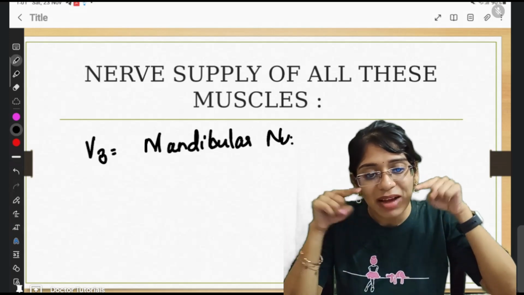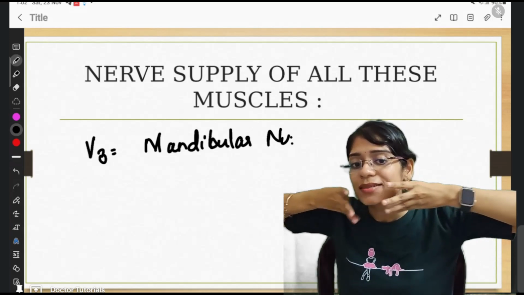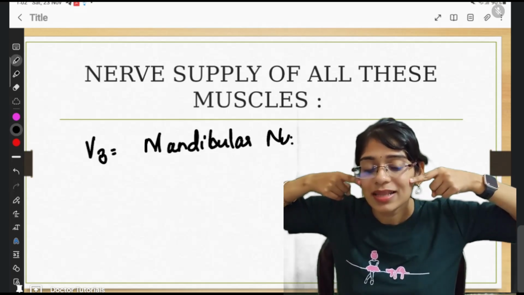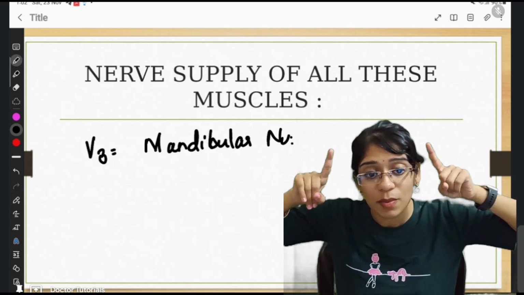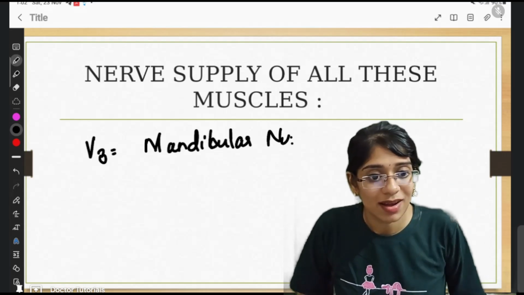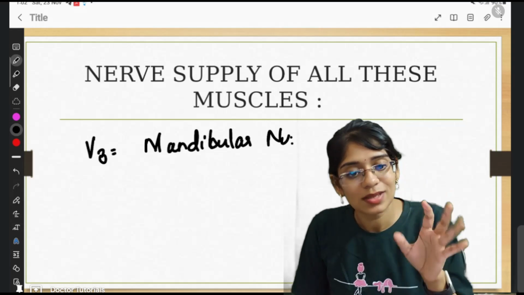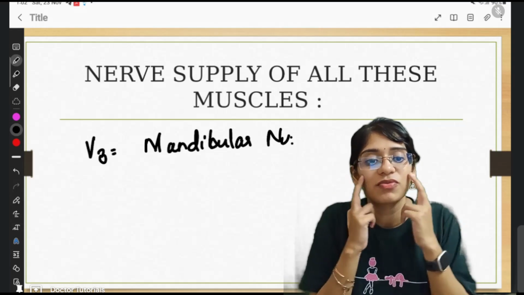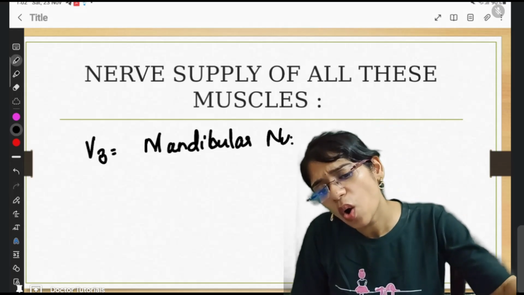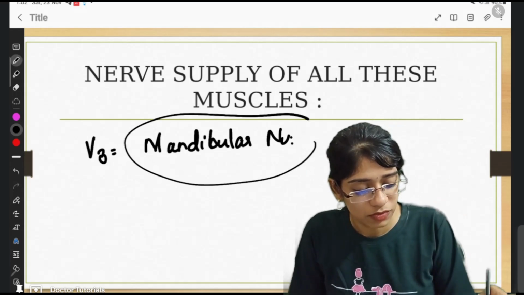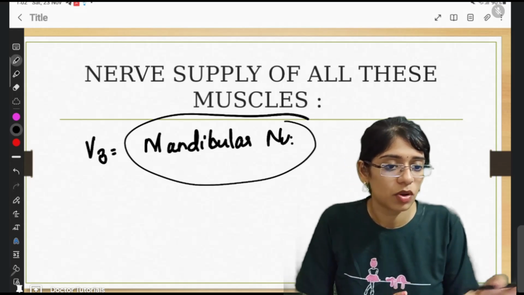We have arches like this, and the first arch is called the first pharyngeal arch. From there, these muscles originate. All the structures that come from the first pharyngeal arch are supplied by the mandibular nerve. If you didn't understand this embryology part, leave it.